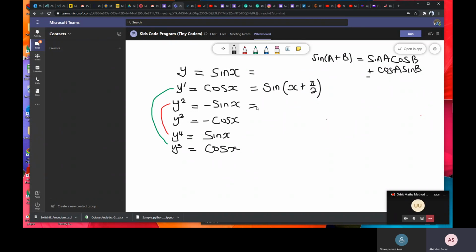Now, at the second derivative, your sine moves another pi over 2. So that will be sine of x plus pi over 2 plus pi over 2. That's plus pi. At the third derivative, it moves by another pi over 2. Then I have sine of x plus, if I add pi over 2 to pi, 3 pi over 2.